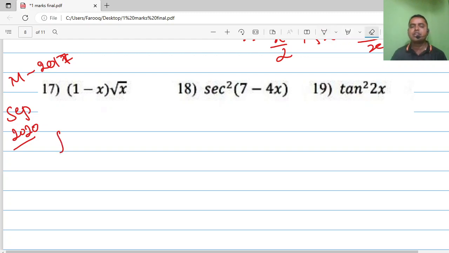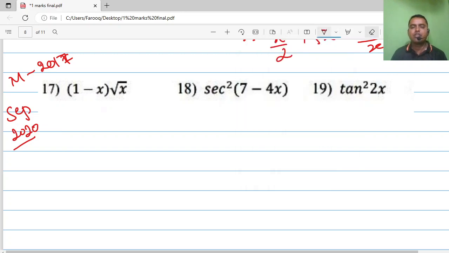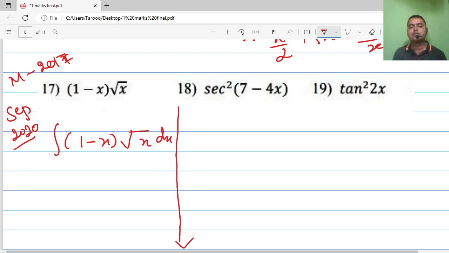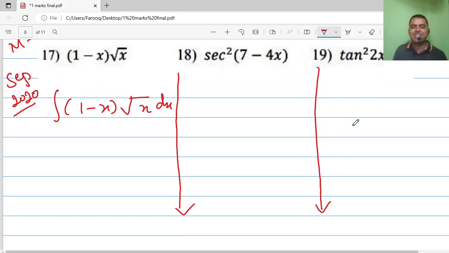Integration of, wait a minute, properly. Integration of 1 minus x root x dx. Because we have 3 problems on this same page, I am drawing the line.